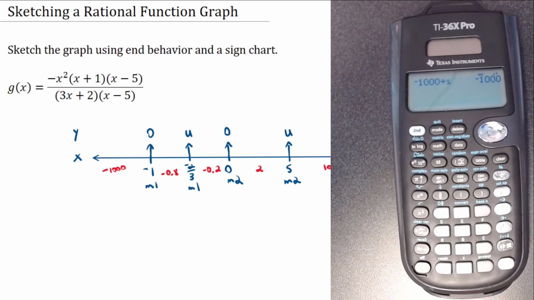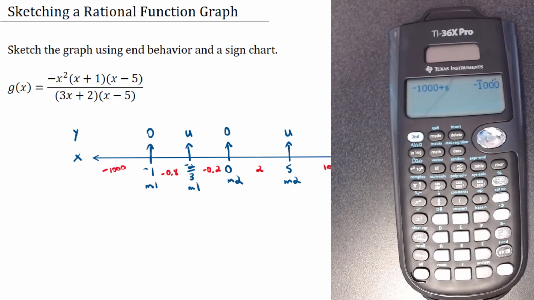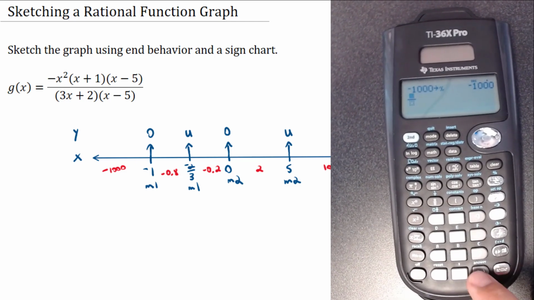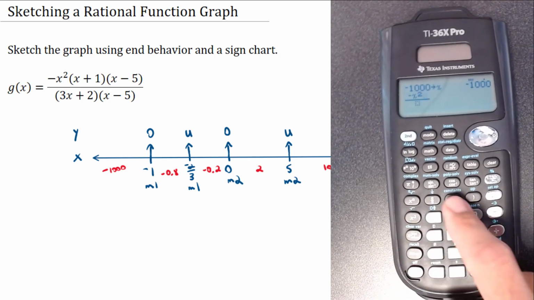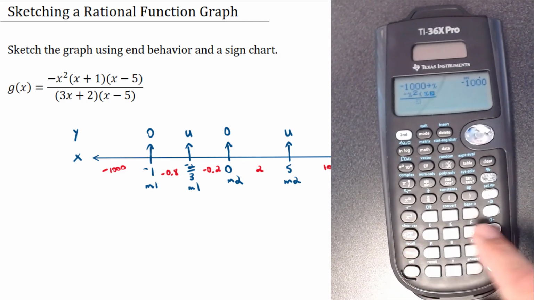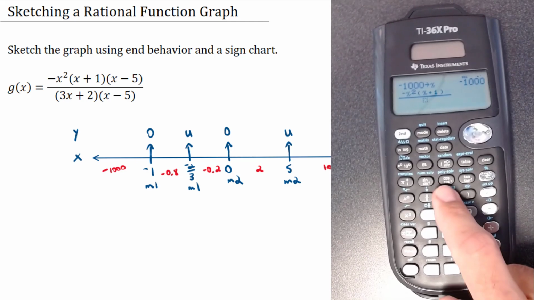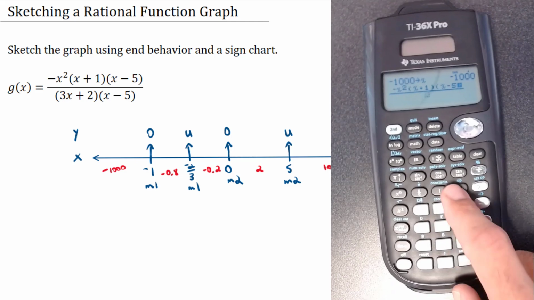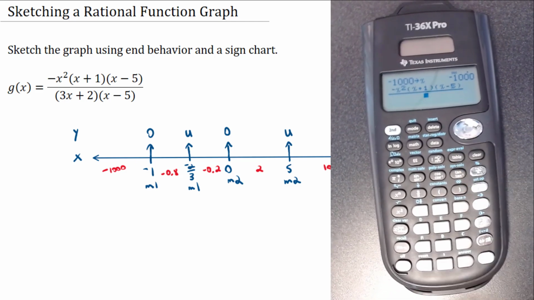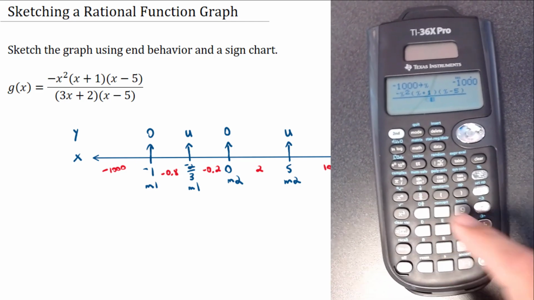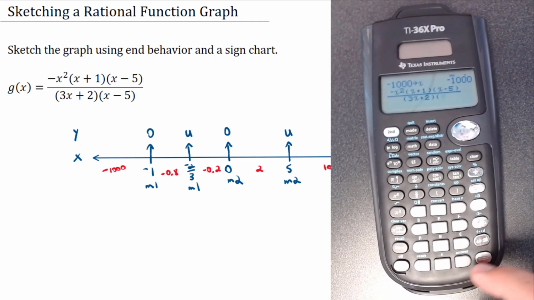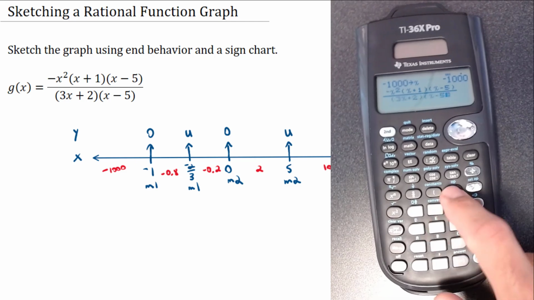and hit enter. Now I need to type my function, which is a fraction. So I'll enter my fraction button, and on top I've got negative x squared, parentheses, x plus 1, parentheses, open parentheses, x minus 5, close parentheses. And on bottom, I've got 3x plus 2 times x minus 5.